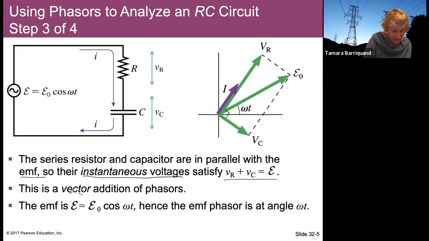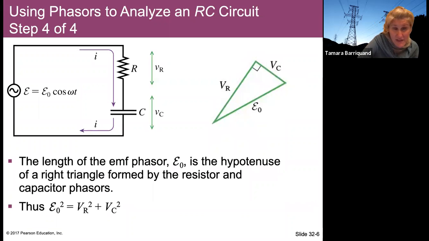The vectors of the instantaneous VR and the instantaneous VC will equal the EMF, and the EMF is EMF naught cos omega t. So when we draw EMF naught, that angle must be omega t.